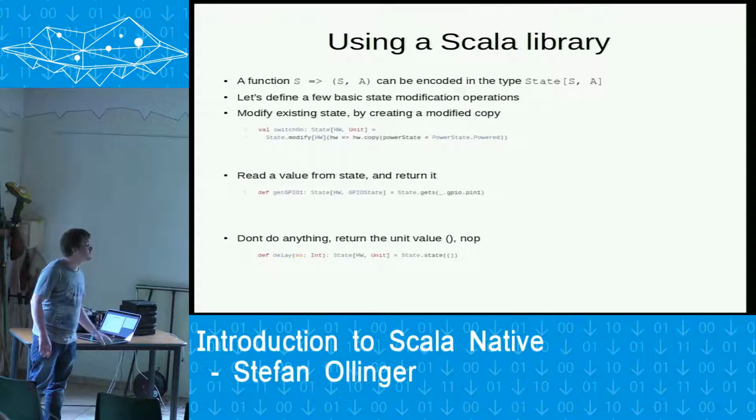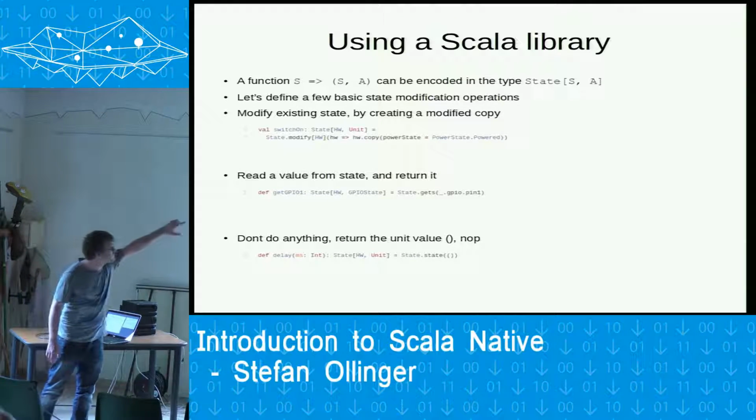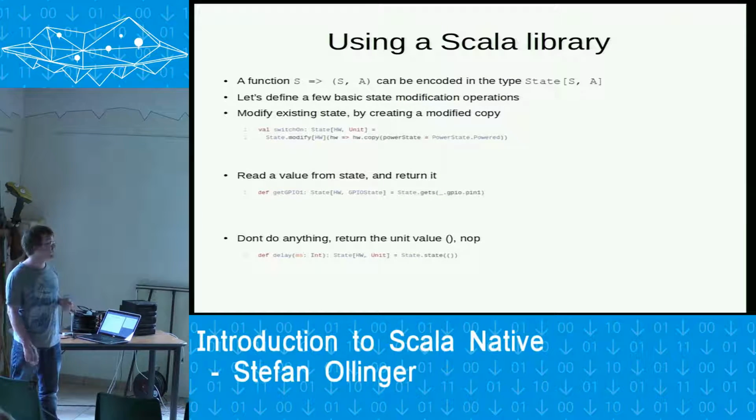And now in order to switch GPIO's pins on and off or turn a device on and off, we can write small functions. The first one, switch on, modifies the hardware and sets the power state to powered.